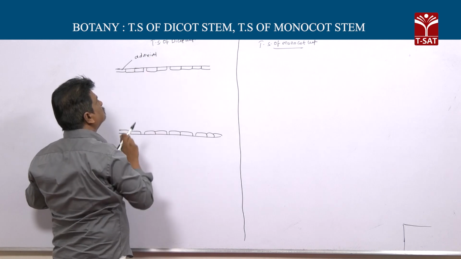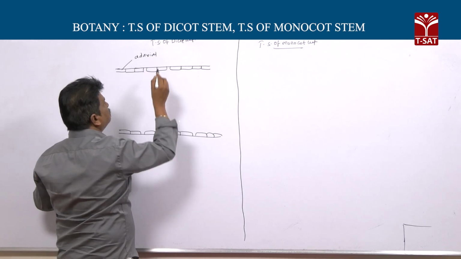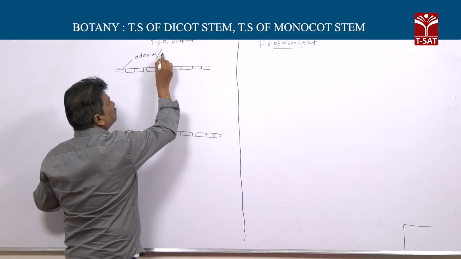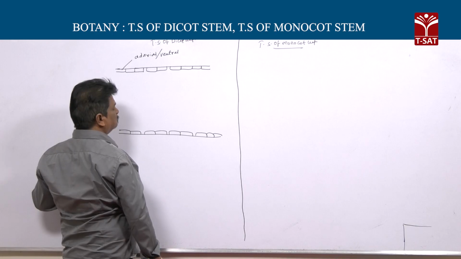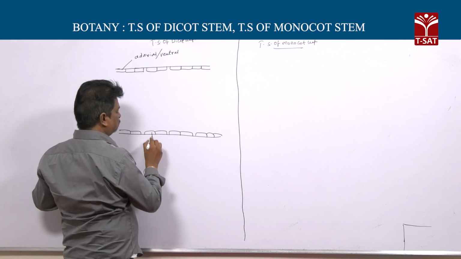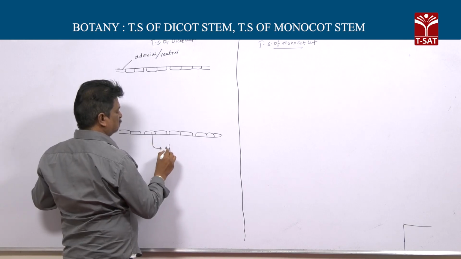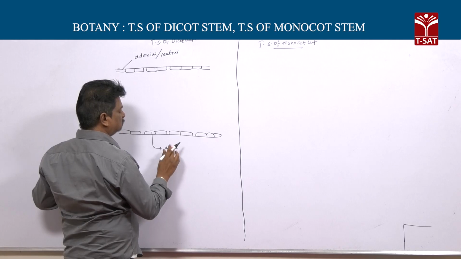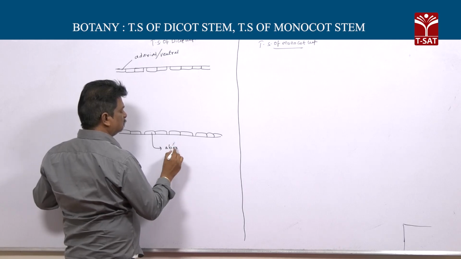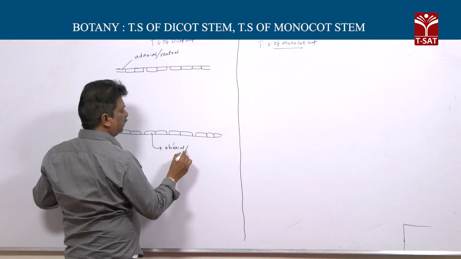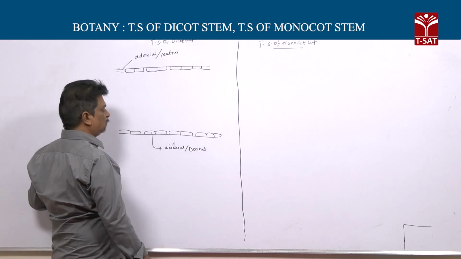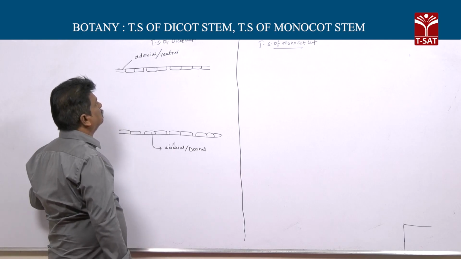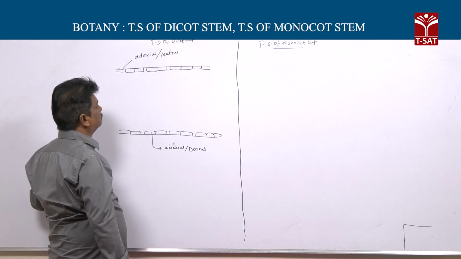The upper side is called adaxial epidermis or ventral epidermis. The lower side is called abaxial or dorsal epidermis.